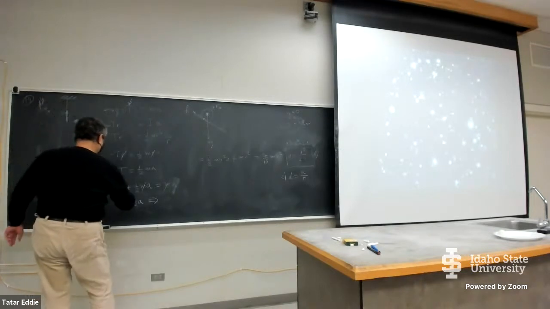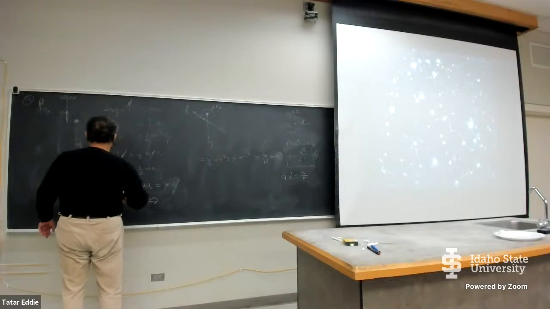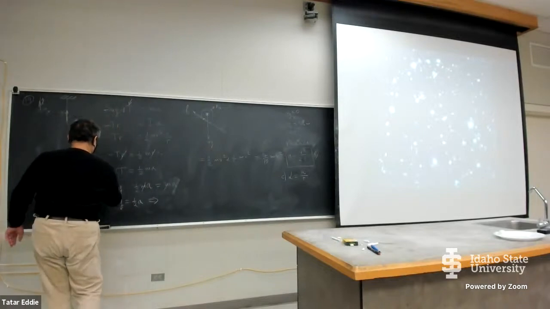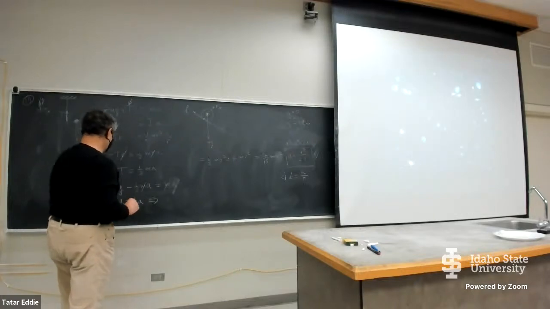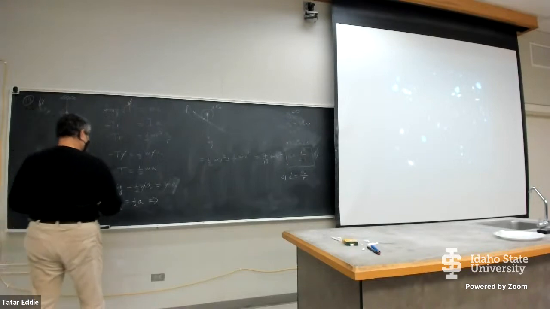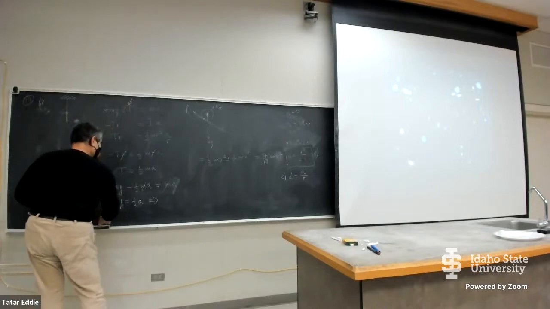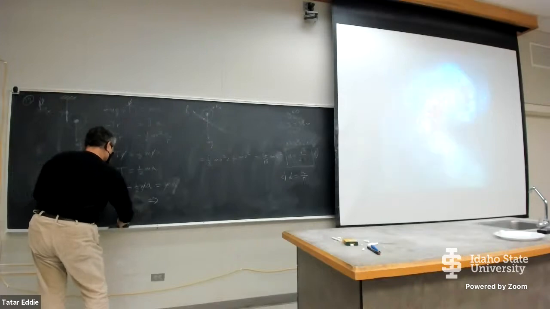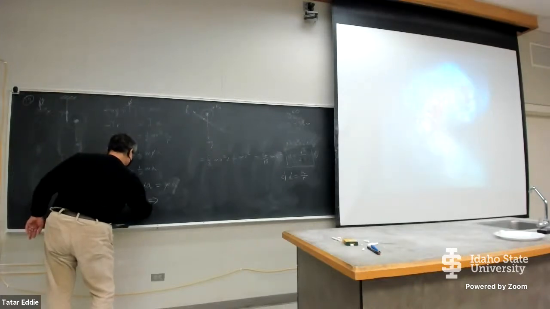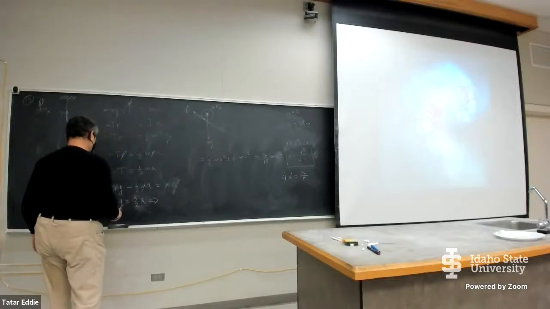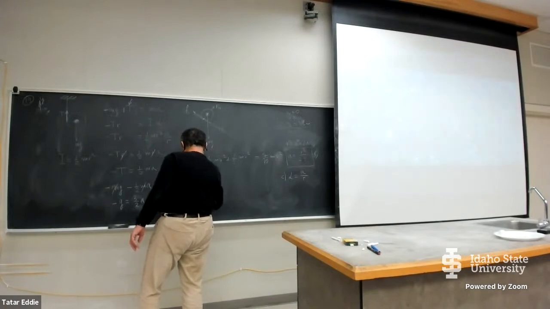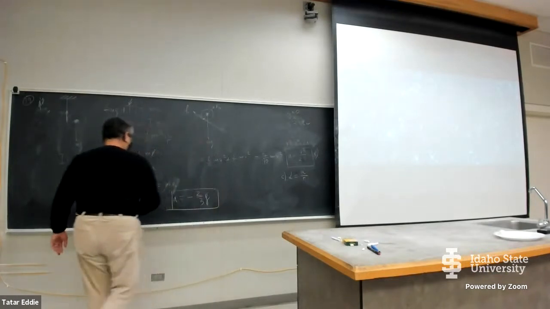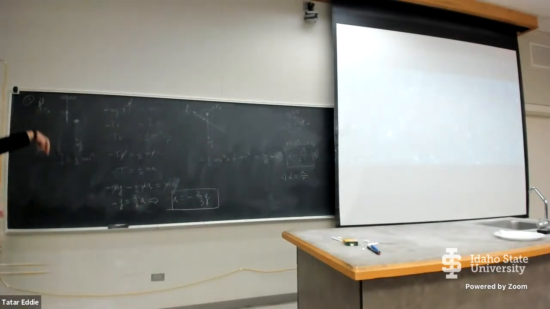Therefore you're going to get negative mg, negative ma, and this is going to give 3/2 of A. 3/2 of A is negative g, and therefore acceleration is equal to negative 2/3 g. And indeed, the acceleration is in the negative direction as it should be.